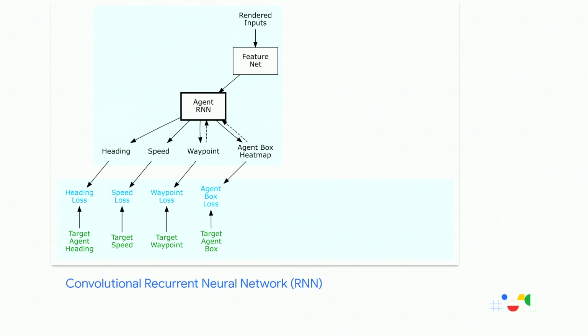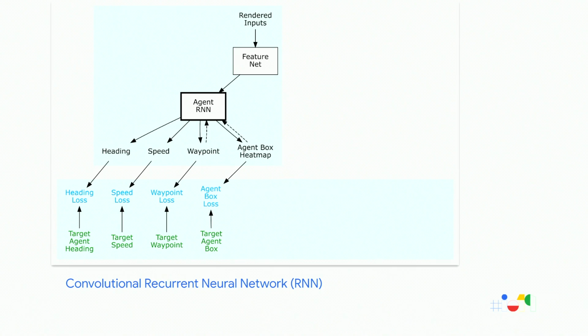So this is a high-level schematic of what this network will look like. If you follow the picture with me from top to bottom, you start with the rendered inputs. You pass them through a set of convolutional layers, which is shown as a feature net here. That produces an embedding of all the inputs the net has seen, and that gets passed on to the agent RNN.